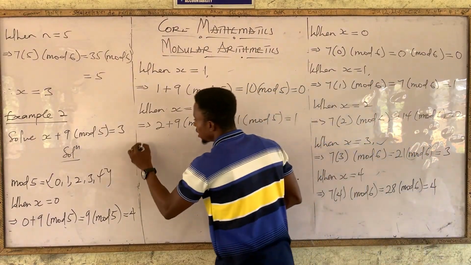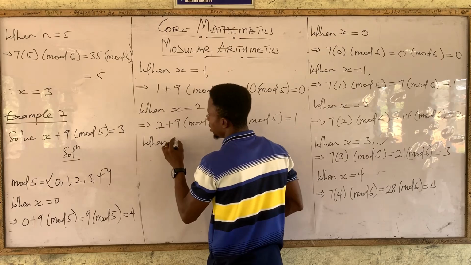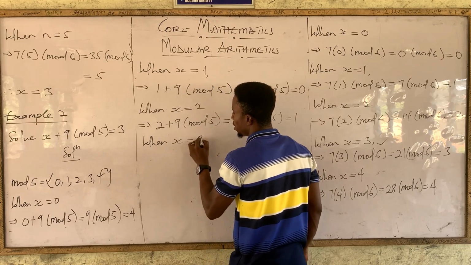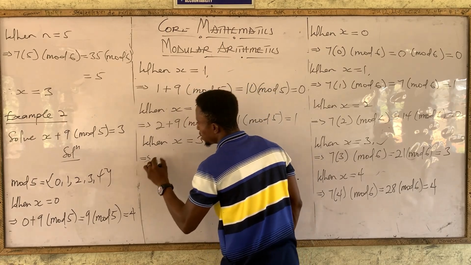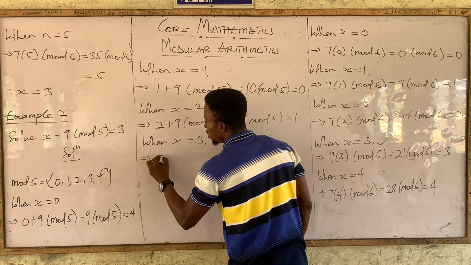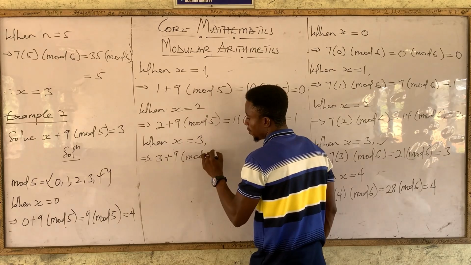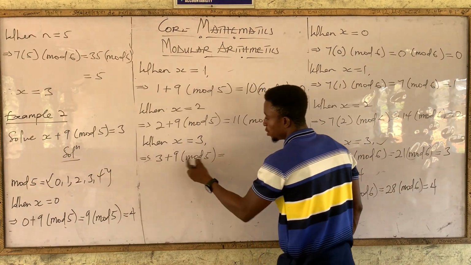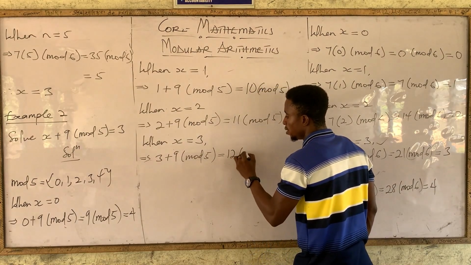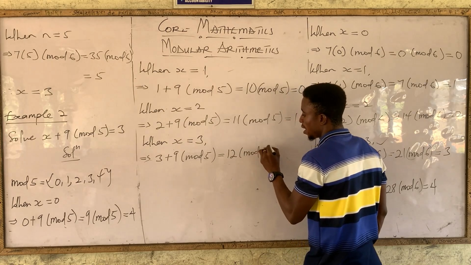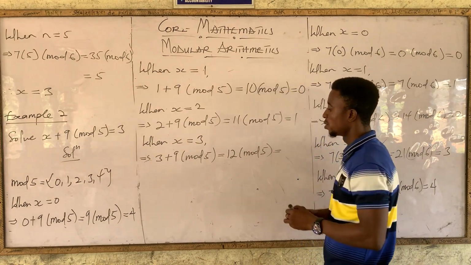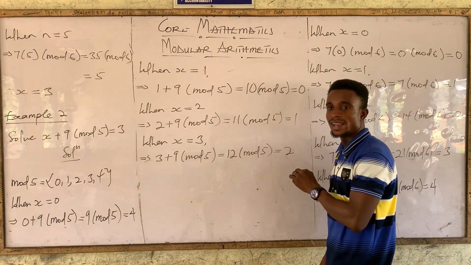Okay, then the next one, when x is equal to 3, this implies that I'll have 3 plus 9 in mod 5. So that one too is getting us 12 in mod 5, and it's equal to 2, right?